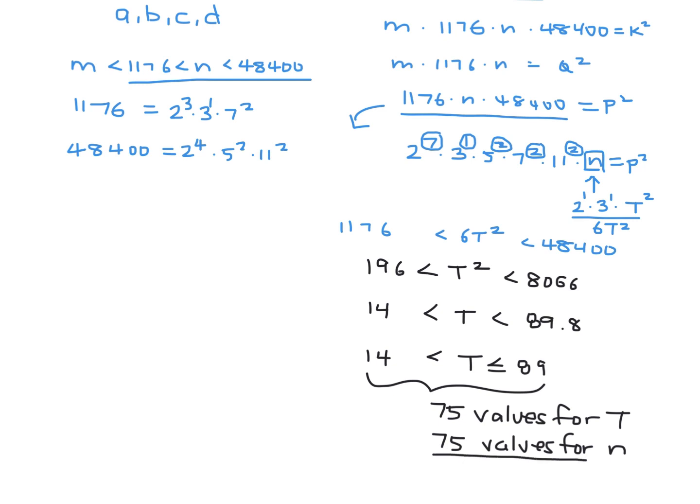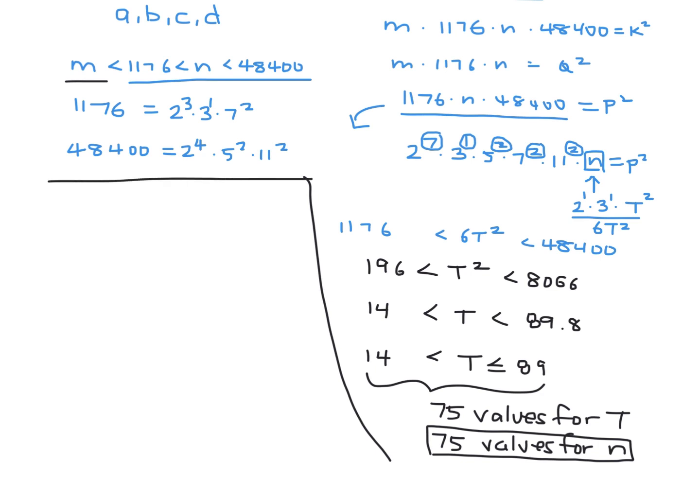Okay, great. So that is part of the puzzle. Where do I go from now? Oh, I've got to figure out m. Same kind of principle here. So how do I figure out m? Well, m is basically less than 1176, right?